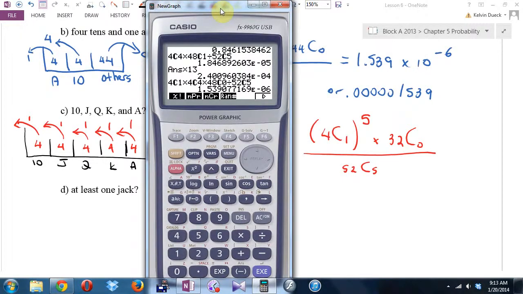I got clever. Since I was going 4 choose 1, 4 choose 1, 4 choose 1, 4 choose 1, 4 choose 1, I said, hey, that's the same as 4 choose 1 all to the 5th power. You don't have to do it that way, but I'm lazy.